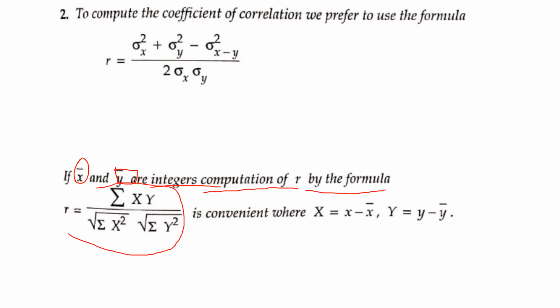That means we use this formula when x bar and y bar are integers. Use of this formula will be convenient, where capital X and capital Y are given by this.